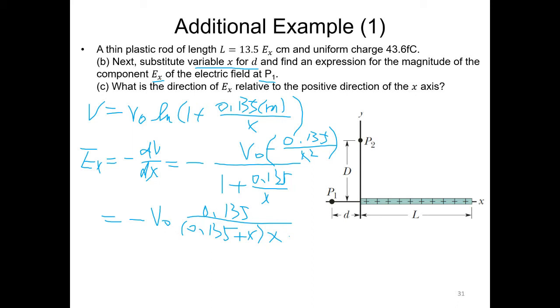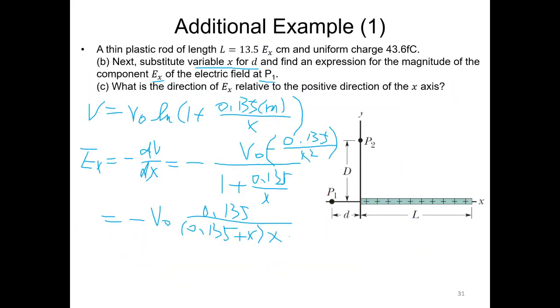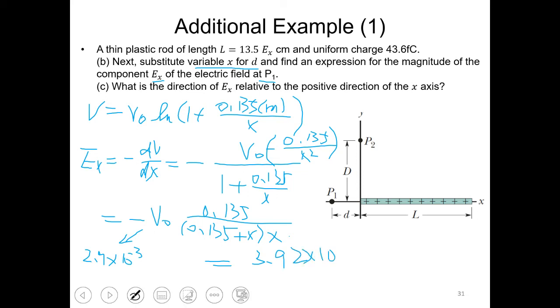And actually, you can replace V0 as 2.9 times 10 to the minus 3. So it finally becomes 3.92 times 10 to the minus 4 over 0.135 plus x times x. And this is in V over m.